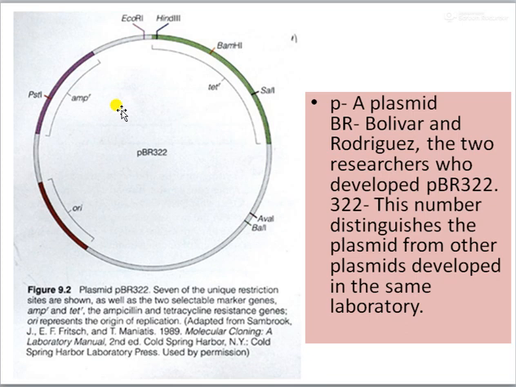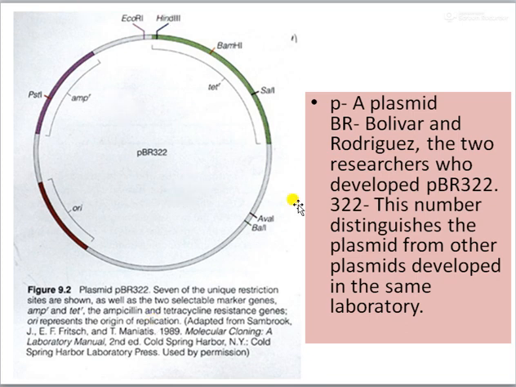Because if a vector has to be used in genetic engineering, it should have many restriction enzyme sites. It should have a selectable marker. It should have an origin of replication. And when you consider every restriction enzyme site, it should have only one site for each restriction enzyme.